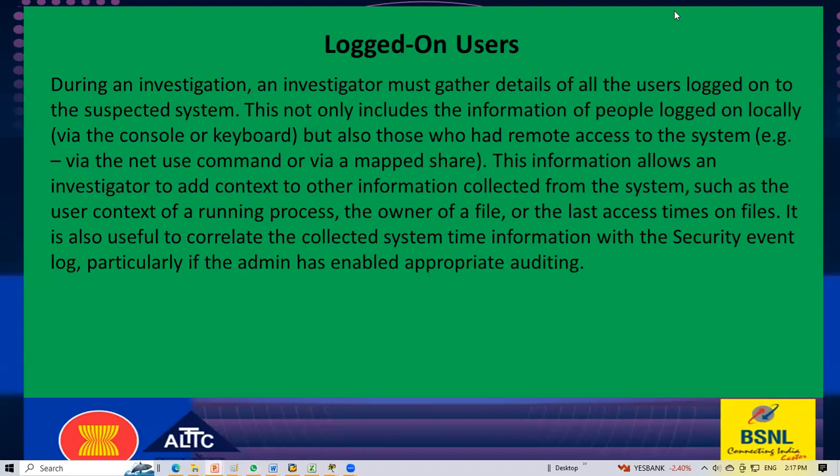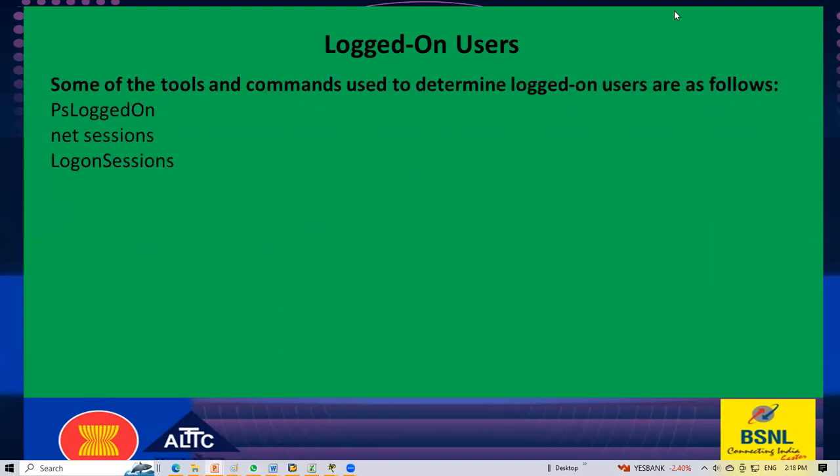This information allows an investigator to add context to other information collected from the system, such as the user context of a running process, the owner of a file, or the last access time on a file. It is also useful to collect system time information with the security event log, particularly if the admin has enabled appropriate auditing.